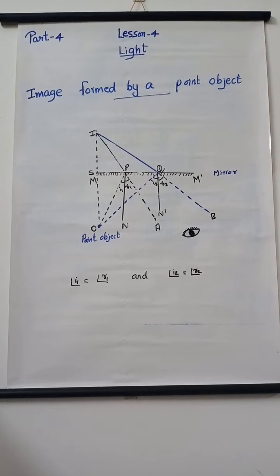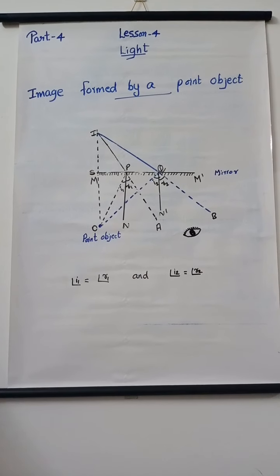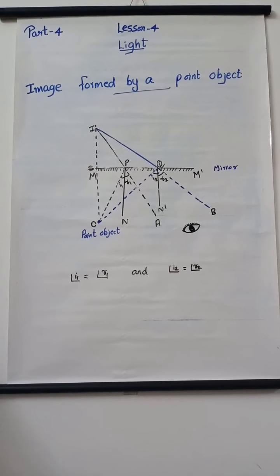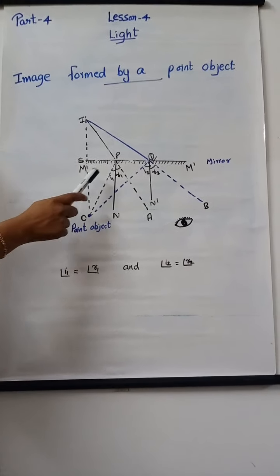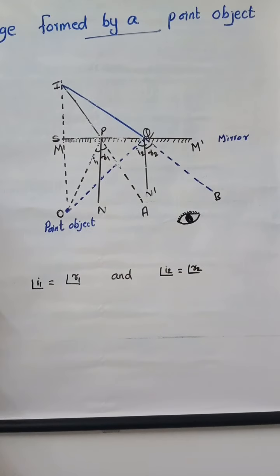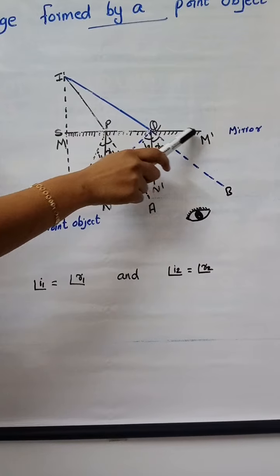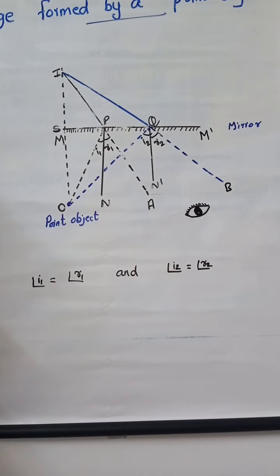Now, let us see how an image is formed by a point object on a mirror. Look here. Here, MM dash is the mirror. This line is the mirror, or we can say that this is the mirror strip.